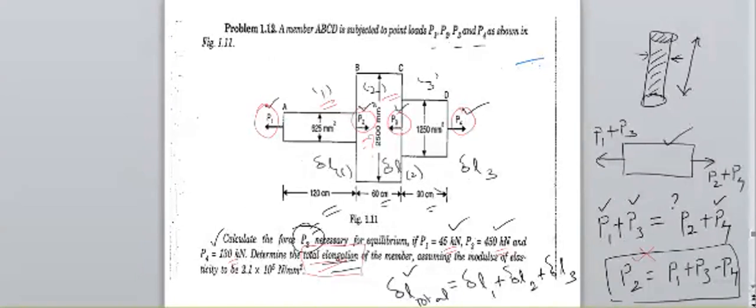Therefore, we need to consider three different cross sections, find the elongation in the first portion, the second portion, and the third portion separately, and add them to find the total elongation of that component.